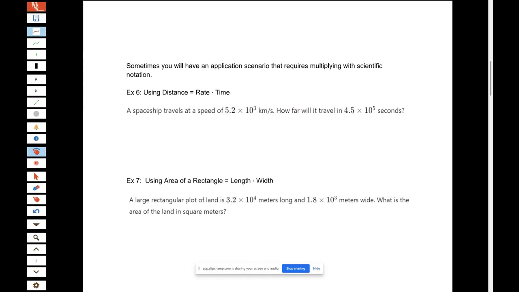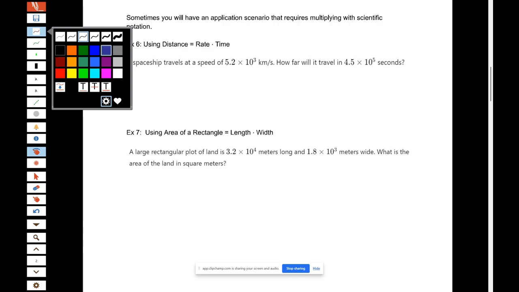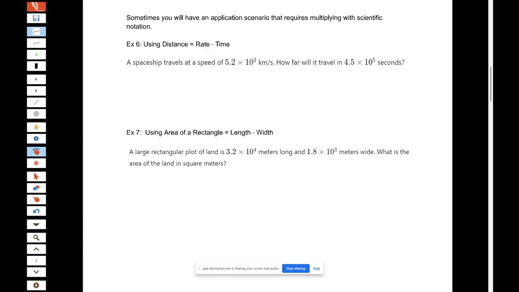Here are a couple of application problems that will use the idea of multiplying numbers in scientific notation. The first one is using distance equals rate times time. We have a speed of 5.2 times 10 to the 3rd kilometers per second. That's a rate.